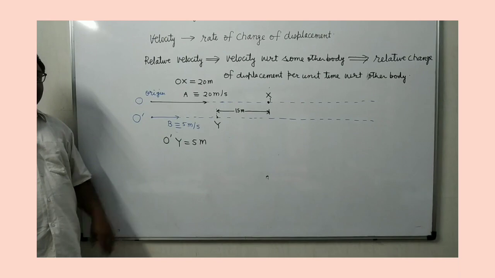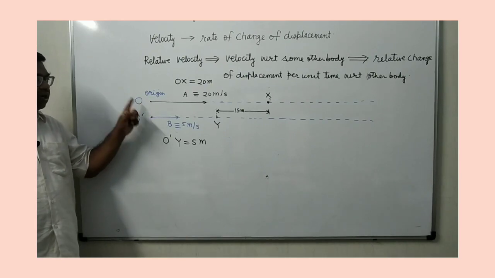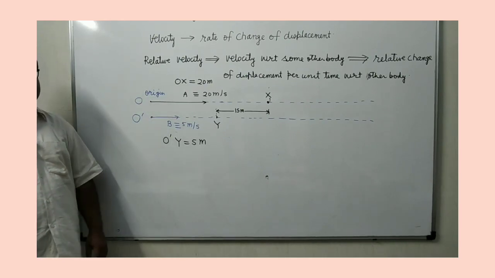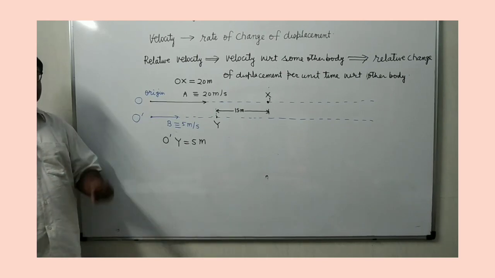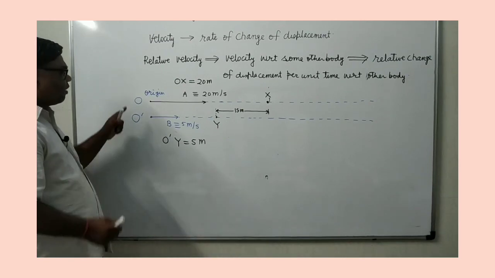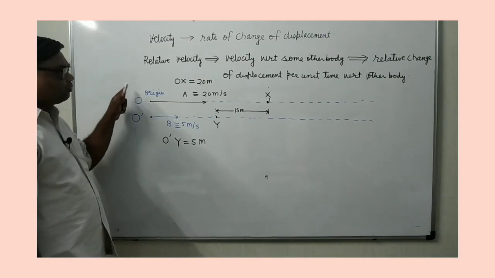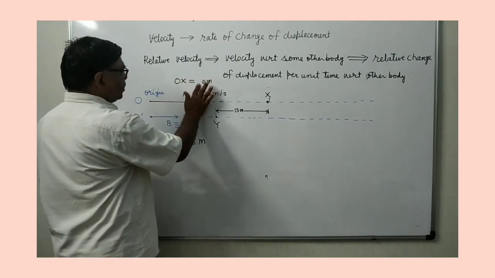Now after 2 seconds, what will be their relative separation? Starting from here, how much will be the relative separation between both bodies after 2 seconds? So let us say after 2 seconds, A has reached from O to X. How much will this distance be?